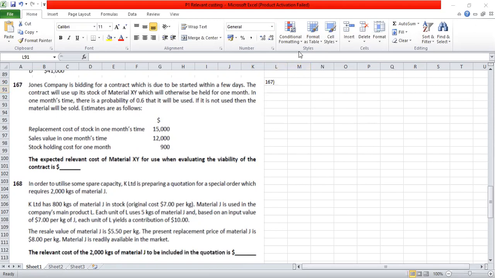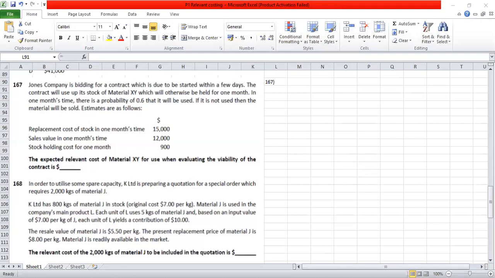Did we do expected value? I didn't teach you expected value. Forecasting techniques, did I teach you expected value? We learned the high-low method, trend analysis, and regression analysis.